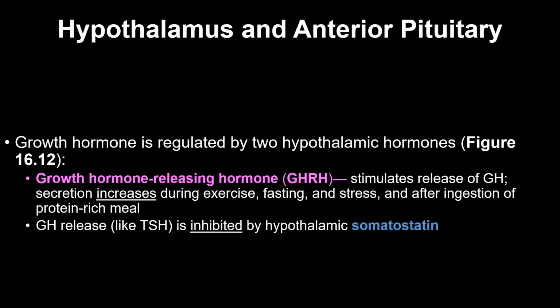Growth hormone is really regulated by two hypothalamic hormones. The first is growth hormone releasing hormone, and GHRH is going to stimulate the release of growth hormone, in particular during exercise, during fasting, and during stress, and then after the ingestion of a really protein-rich meal, like meats and soy protein shakes, something like that.